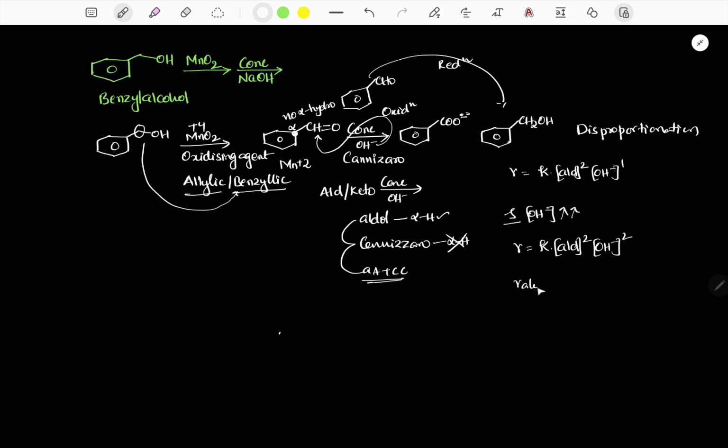And the rate of Cannizzaro reaction is directly proportional to the rate of nucleophilic addition. So this is about the Cannizzaro reaction.